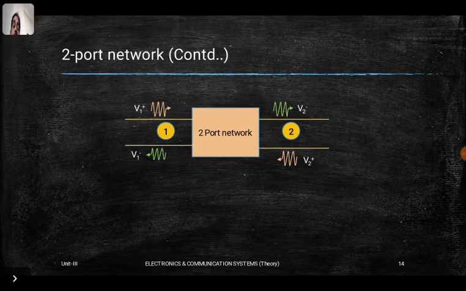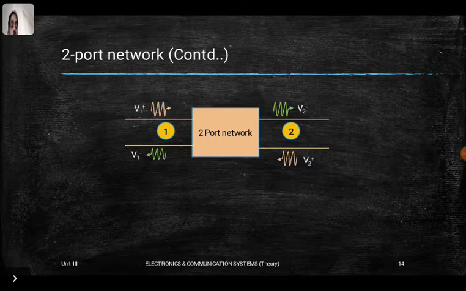In the context of the input, this is called the transmitted wave. If you look from the first port, when I give the input V1 plus, what comes out as the output is called the transmitted wave. If I look into the second port from input port 1, it is reflected from the second port. That's why it is a negative sign, V2 minus.